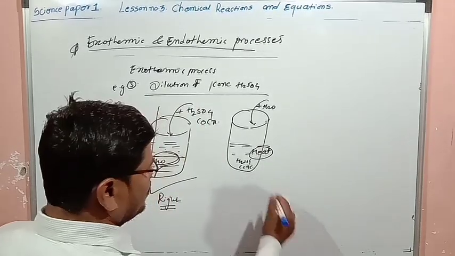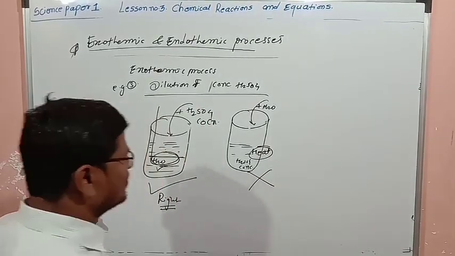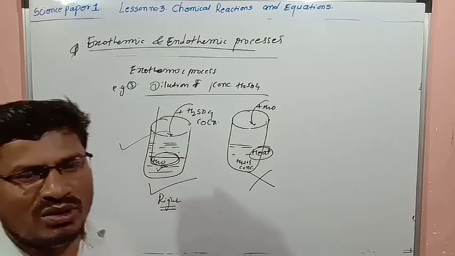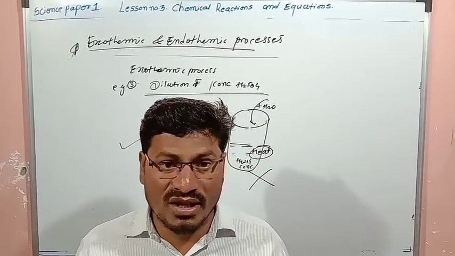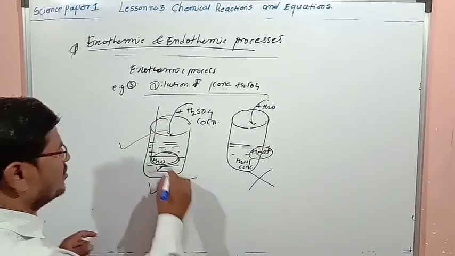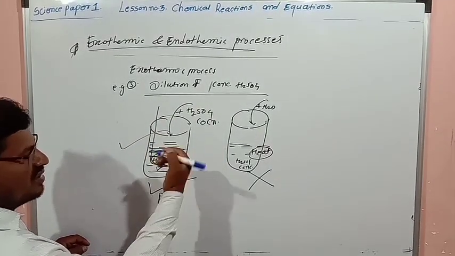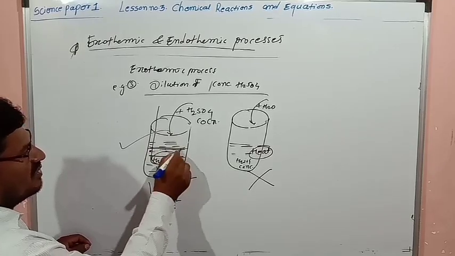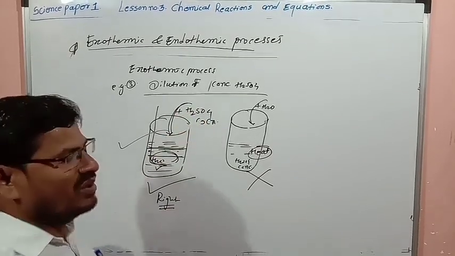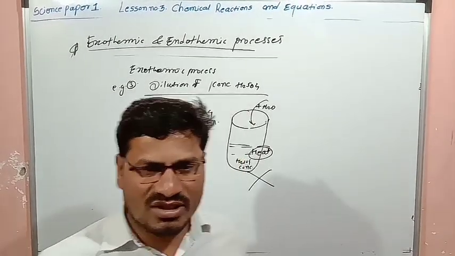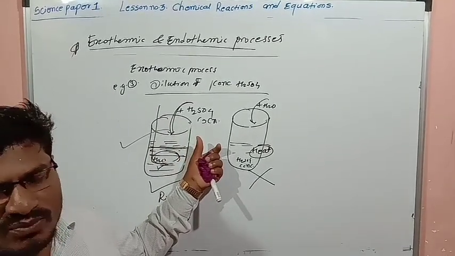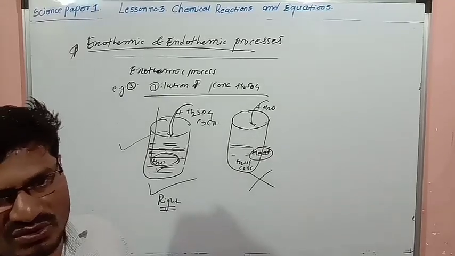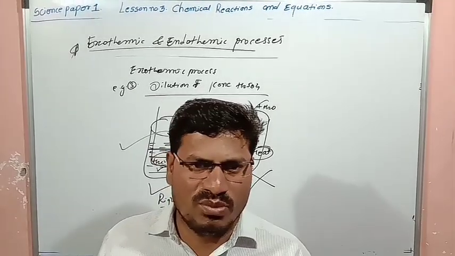So you should not use this process. You have to take the required amount of water in the beaker and then slowly add H2SO4, because this is an exothermic process in which a large amount of heat is produced.